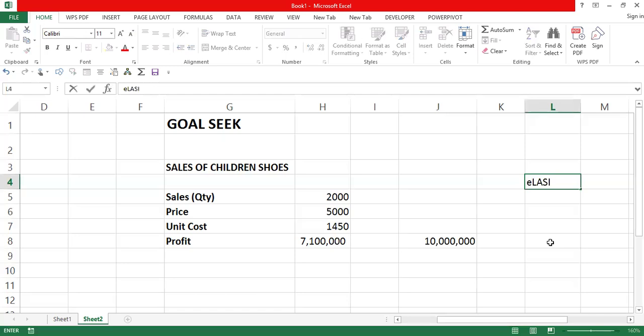I don't know if you remember or know about elasticity. Some products are elastic in demand, some are inelastic. Can we always increase price?